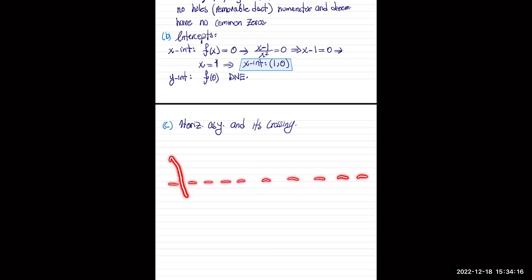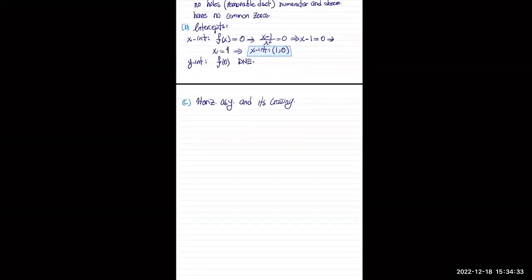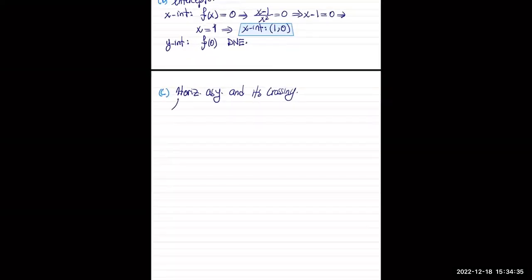The graph can intersect it sometimes, but in the long run, it's going to get close to that asymptote. A horizontal asymptote can be intersected. So how do we find the horizontal asymptote? We take the limit of the function, because we want to know what happens to it in the long run.